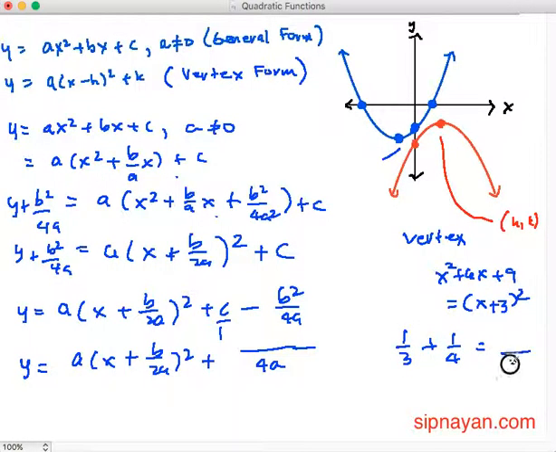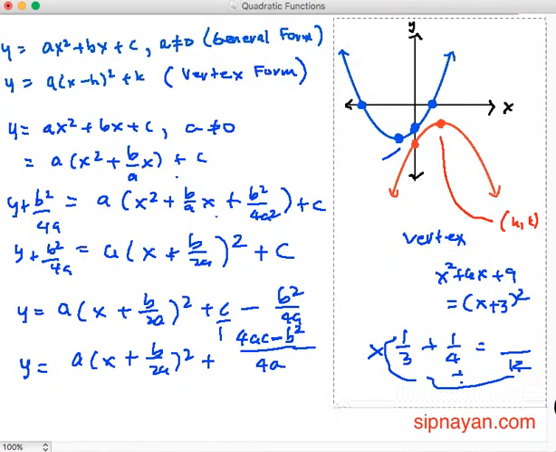Meron tayong LCD. 12 divided by 3, we divide, and then we times, no? So, 4a divided by 1 is 4a times c, 4ac. We have the subtraction. 4a divided by 4a, 1 times b squared, this is b squared. Okay?